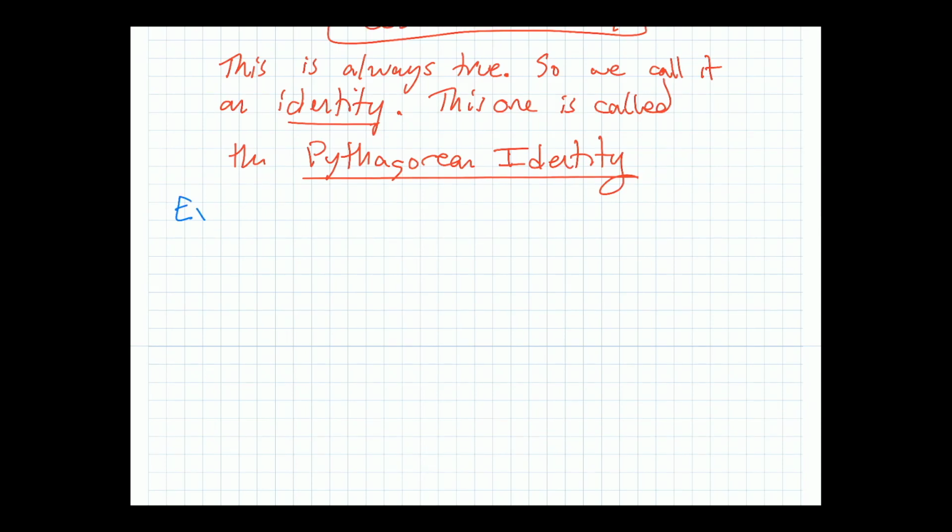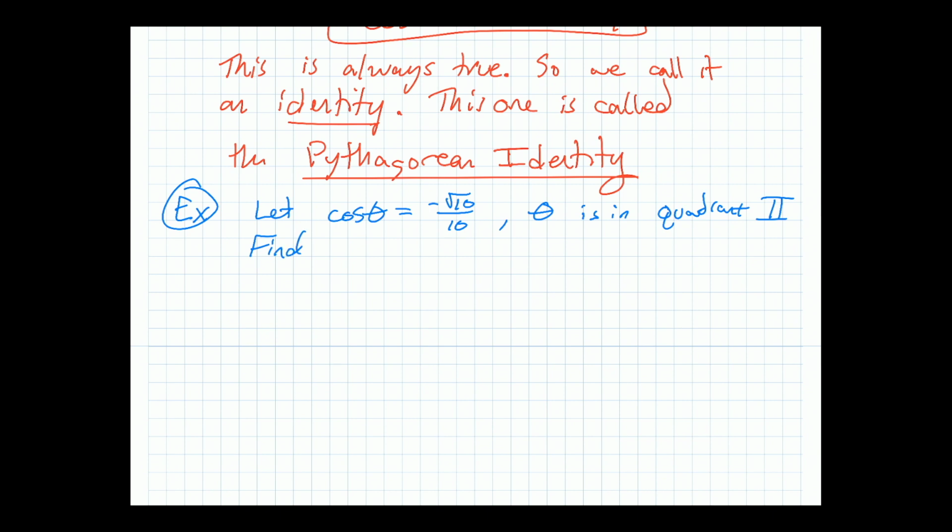So like if you have a problem like this, like if they say let cosine theta equal negative square root 10 over 10, theta's in quadrant 2, find sine theta.